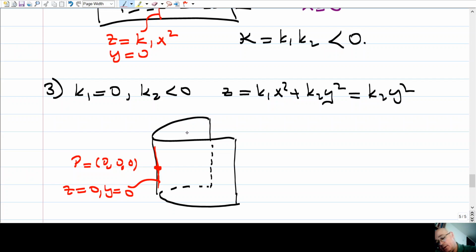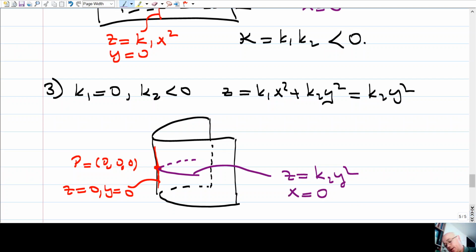The other cross section is this, Z equals K2 y squared and X is 0.